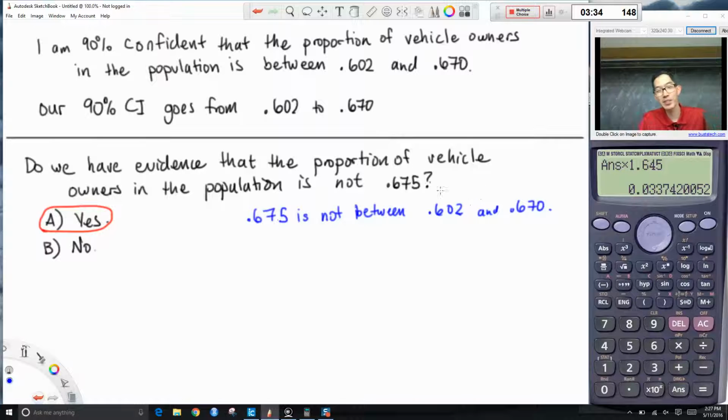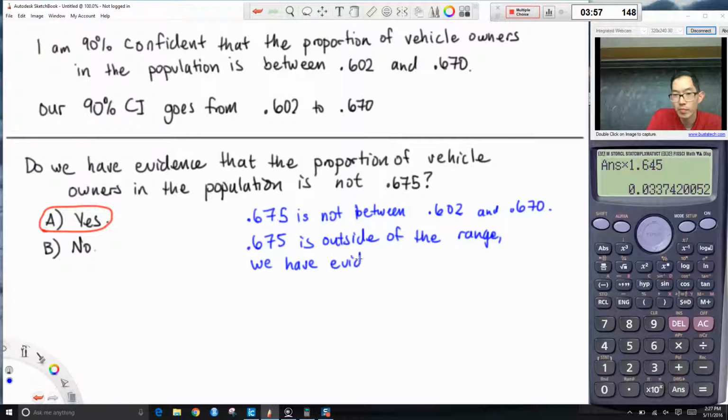So 0.675 is not between 0.602 and 0.670, and so we would say 0.675 is outside of the range. And so therefore we have evidence that it is not 0.675. Okay, so the answer is still yes. The answer is still yes.